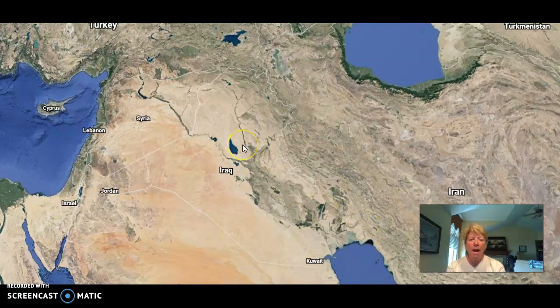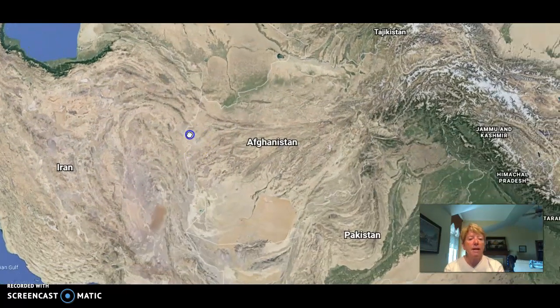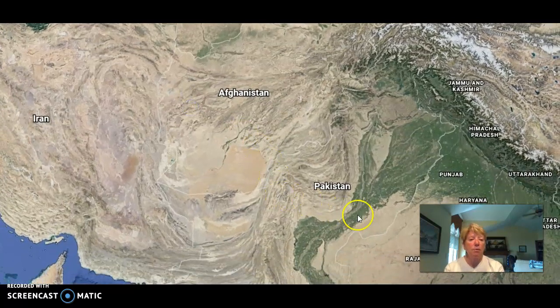And so as we move further east, our next river will be in India, and we will move across Iran, Afghanistan, and into the Indus River Valley.